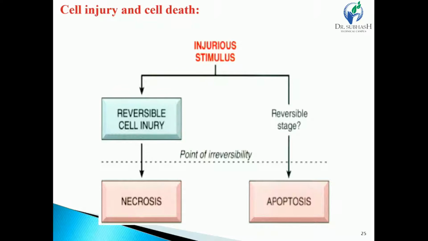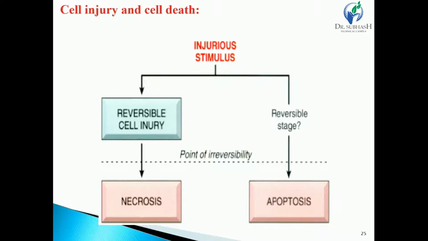So on the basis of the extent of the etiologic agent or stress, we can divide cell injury into two types: reversible cell injury and irreversible. As the word indicates, reversible means it can revert back, whereas in irreversible cases it may not revert back.